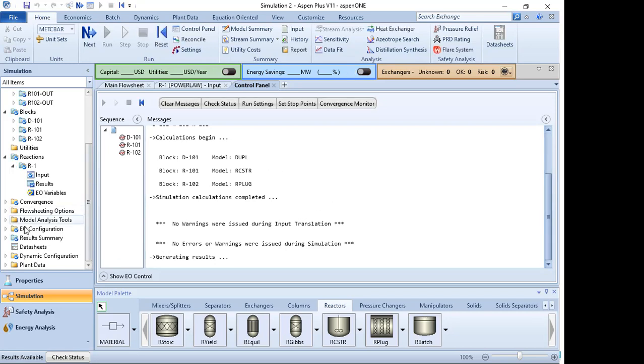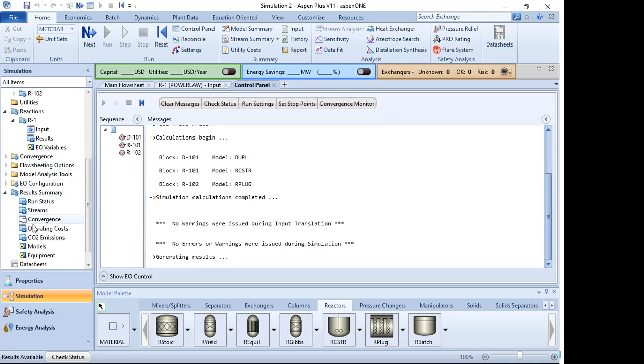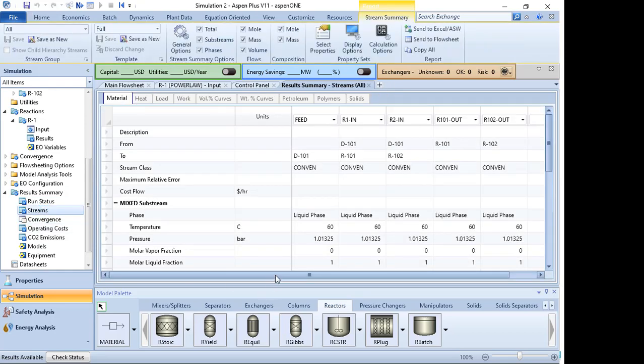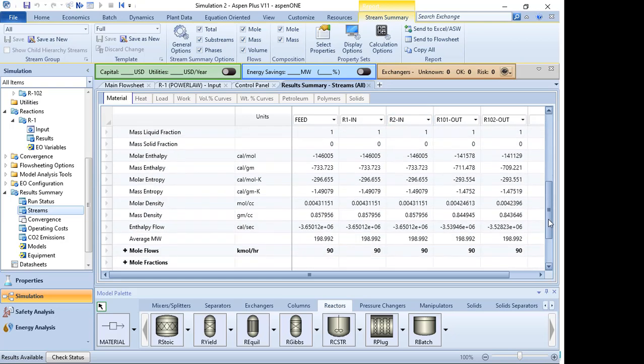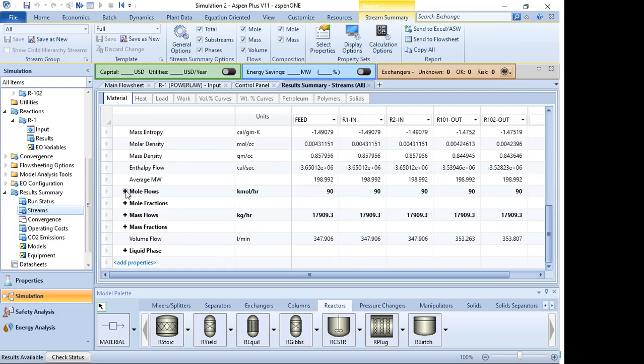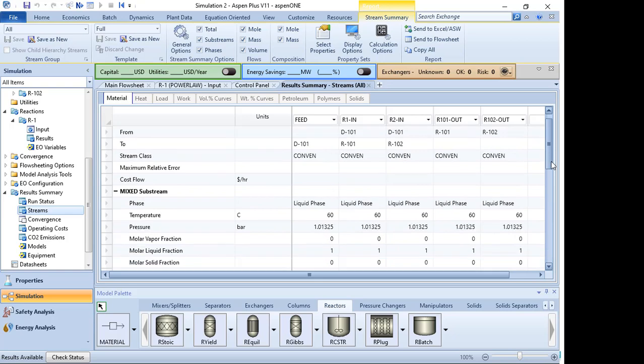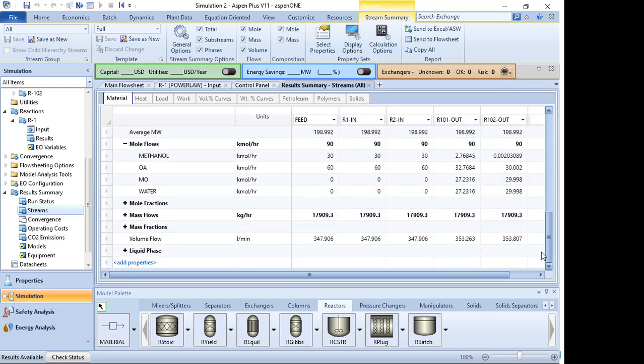No warning, no warning, no warning, and then you can check the result summary in here. You can calculate the conversion of the CSTR and also the plug flow. Okay. The question is, which produces more ammonia, the CSTR or the plug flow?